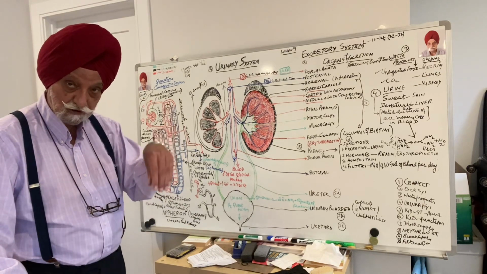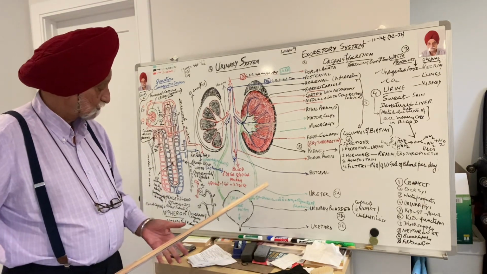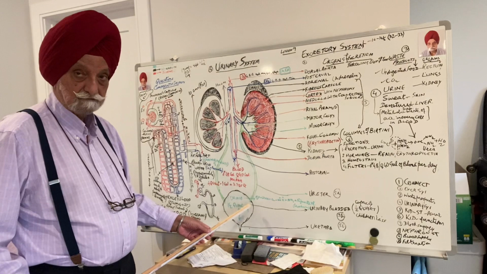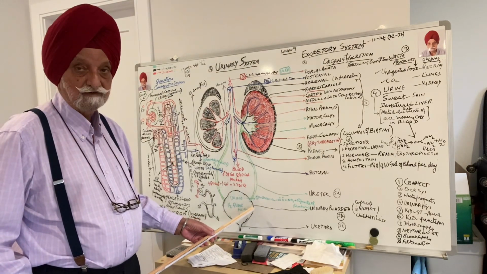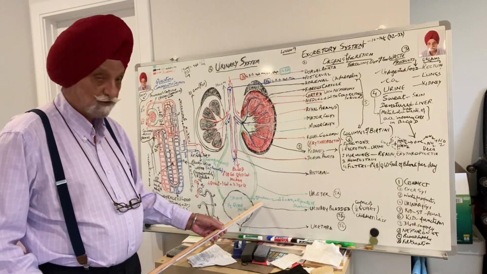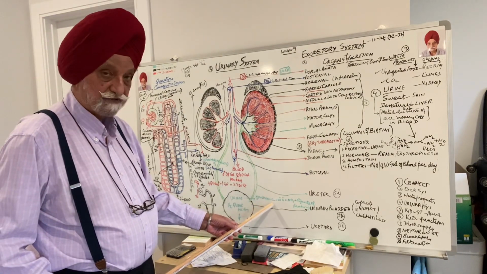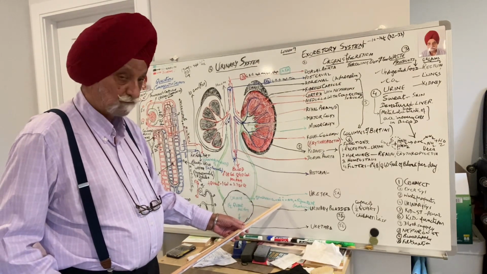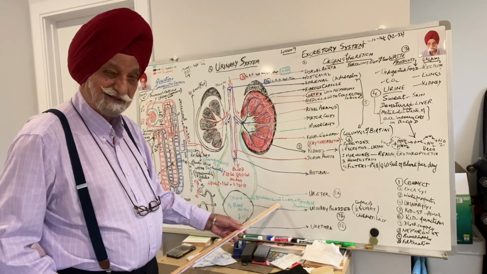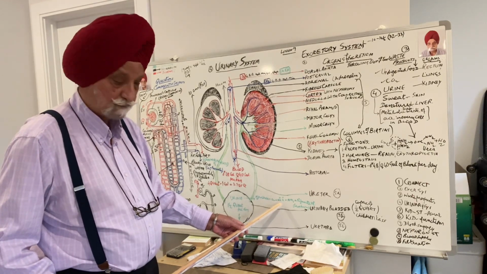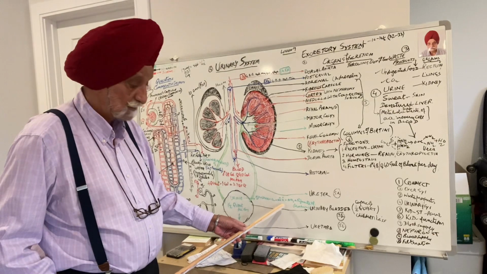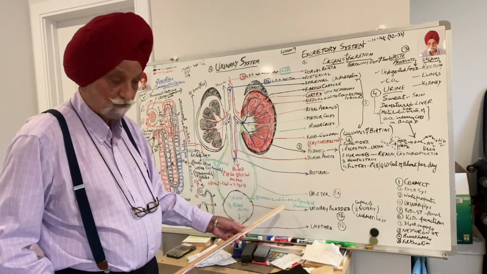Now, what is urine? Actually, urine is water, mainly the excess of water that our body has, and urea, and some of the waste products like creatinine. Some of the sodium and potassium can escape, so this is an escaped one. It can be there in the urine.